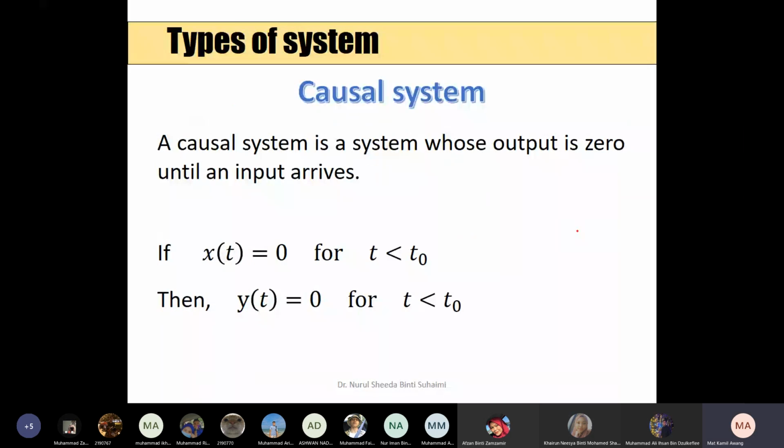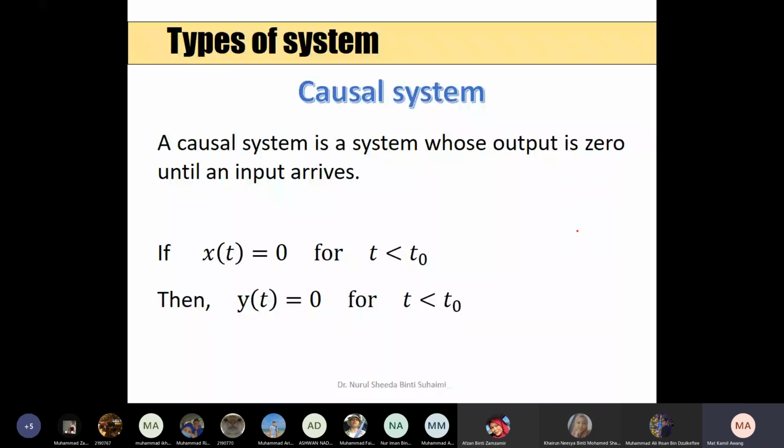Causal systems. A causal system is a system whose output is 0 until an input arrives. If there is no input, then the output is 0. You have to have an input to cause an output. So if x of t is equal to 0 for t less than t naught, then y of t is equal to 0 for t less than t naught.